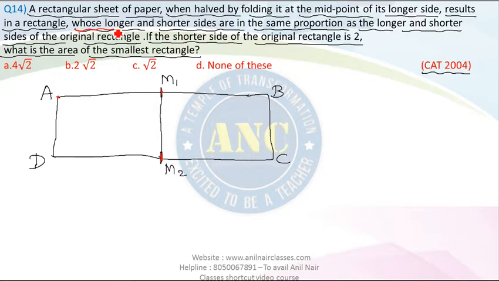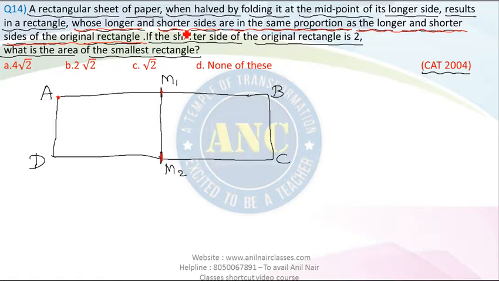The longer side, that means the length, of this rectangle AM1M2D and its shorter side are in the same proportion as the longer and shorter sides of the original rectangle, which is the bigger rectangle.